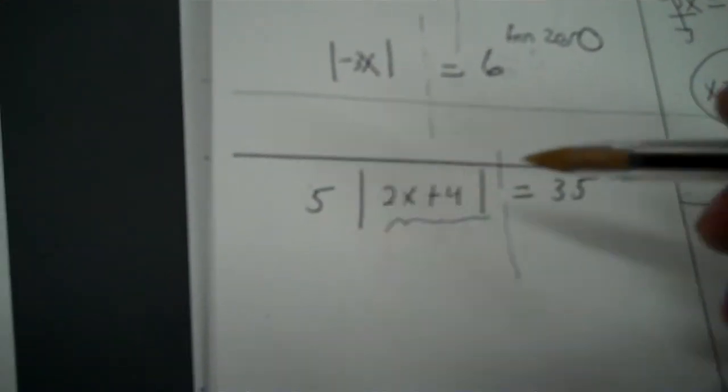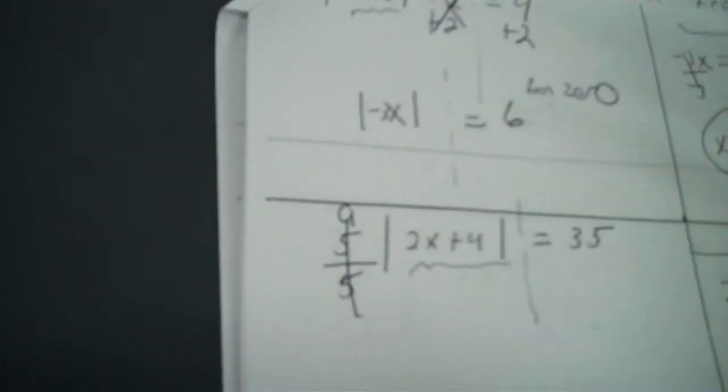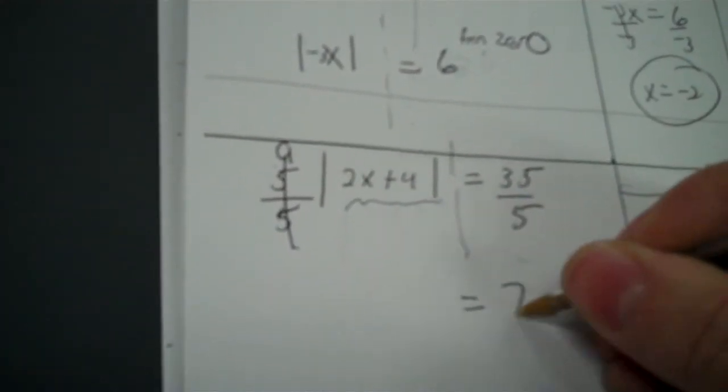You can make a wall, but you're not 35 from 0 because you have this number outside. Now it's in front of the absolute value. We label that with an A, okay? A values I divide by to get rid of them. So I divide by 5. Now divide the 35 by 5, and that's 7.